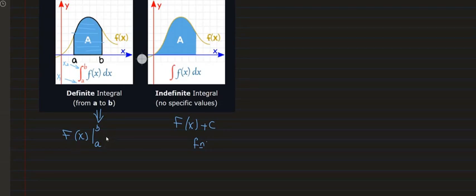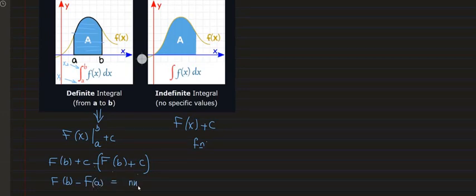And if we added plus c here, we will have the F, and instead of x, we will substitute by b plus c, and then minus the capital F of a, and we have a bracket here plus c, right? So if we distributed this negative to these two terms, we will have simply F of b minus F of a. And this is going to be a number, of course.